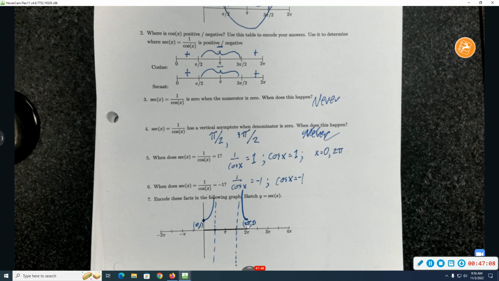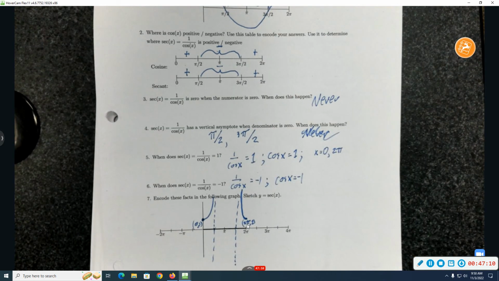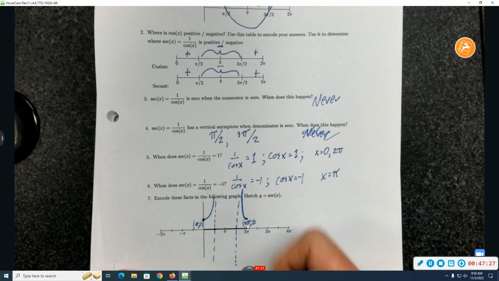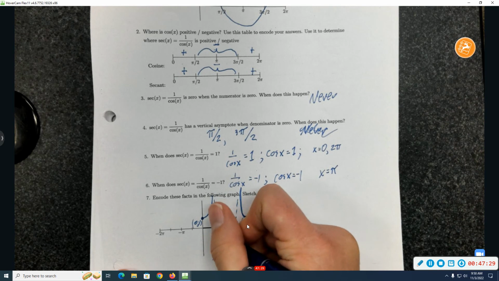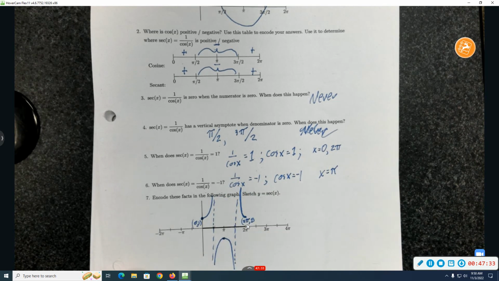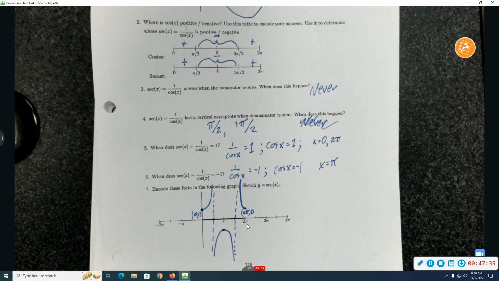Now take a look at either this graph or the unit circle on the board. When is cosine equal to negative 1? At pi. So, at x equal to pi, I will have an output of negative 1. Cool. So there's the graph of secant from 0 to 2 pi.